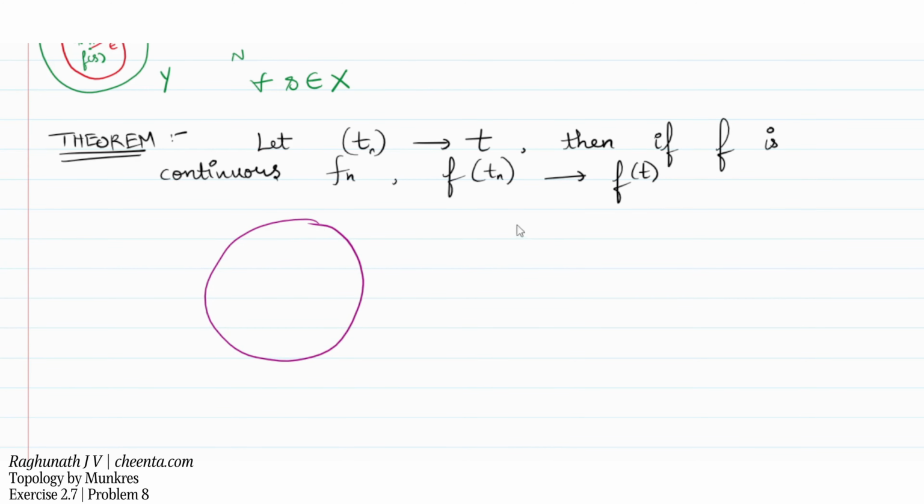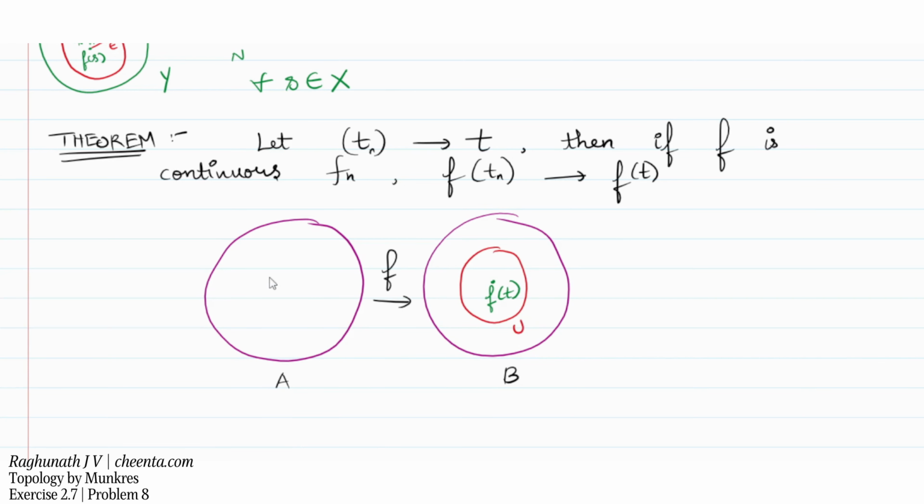Let us take the function from A to B, call it f, and assume that it is continuous. Now, if you take f of t, consider any open set around f of t, let us say U. Now, consider f inverse of U. Obviously, that should have t, right?